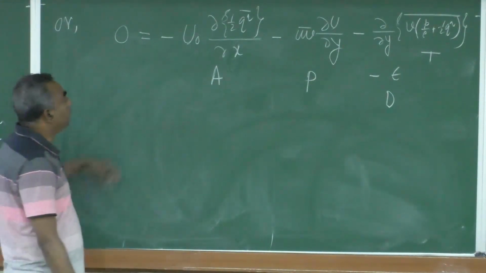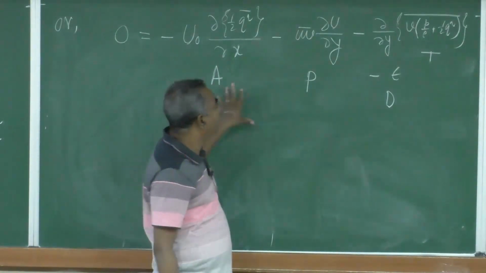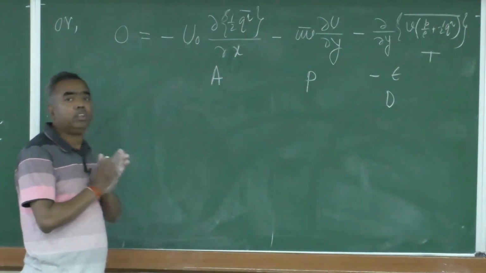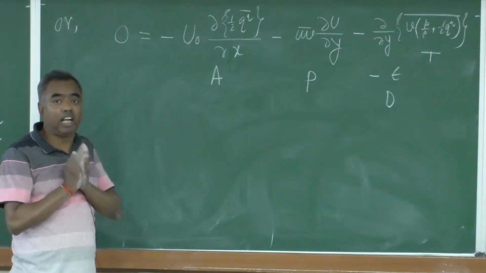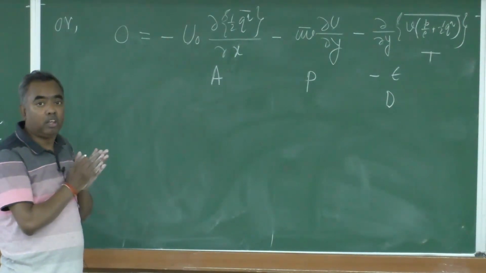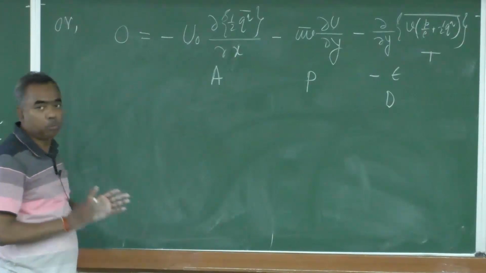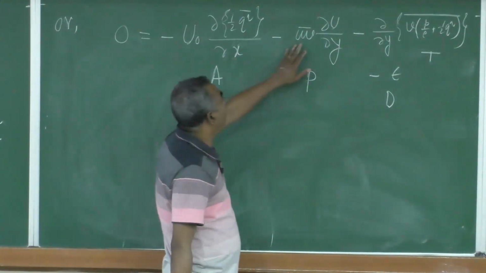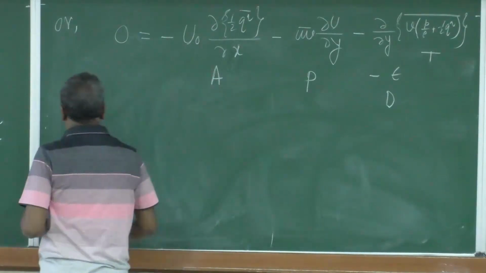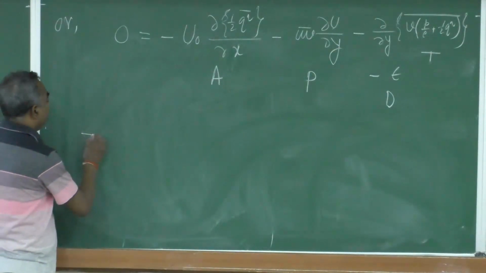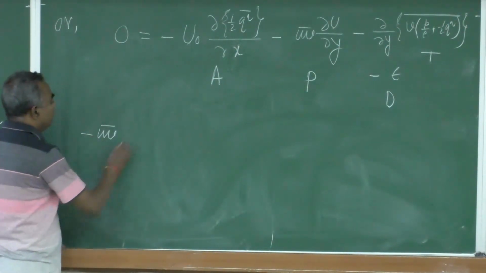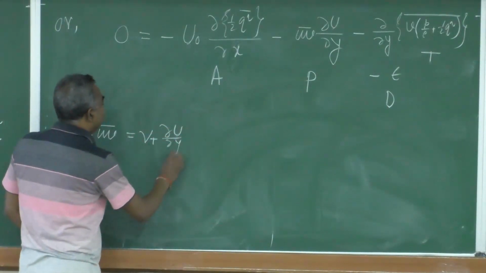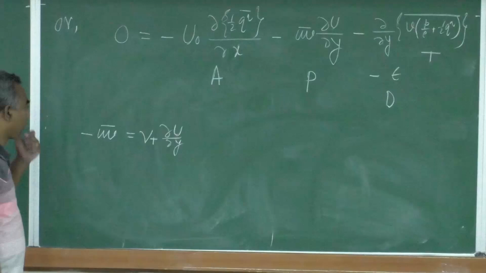Now, can we estimate these A, P, T, D in terms of known quantities, in terms of that F and J which we already found for the case of turbulent wake? That is our main intention. To do that, first we will consider the Reynolds stress. So, minus uv can be written as nu t del u del y, right.